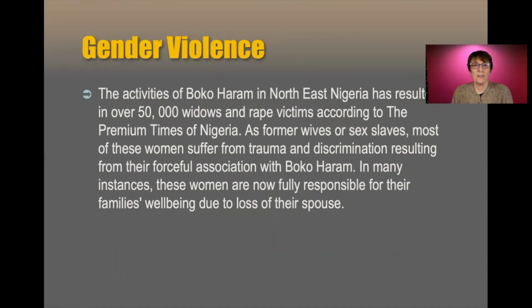And according to the Premium Times of Nigeria, these women are the wives or sex slaves, and most of these women suffer from trauma and discrimination resulting from their forceful association with Boko Haram. In many instances, these women are now fully responsible for their family's well-being due to the loss of their spouse, so they don't have any help anymore, and they have to raise the children.